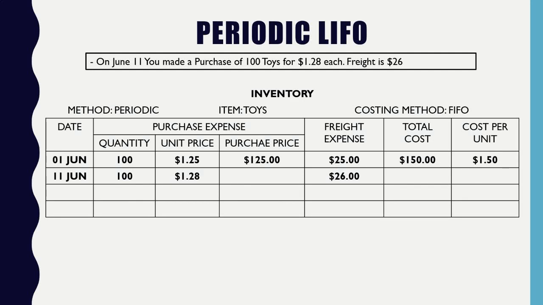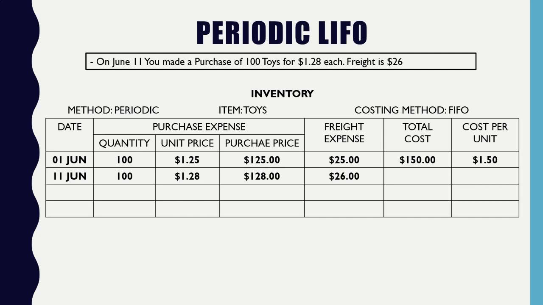We're going to plug it into our inventory worksheet one more time, because now we have more inventory we're dealing with. We entered that on June 11th we have a total quantity of 100 items costing $1.28. Here's the same thing that goes here. We solve for the purchase price, which is $1.28.